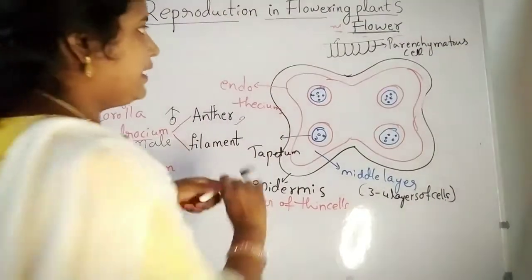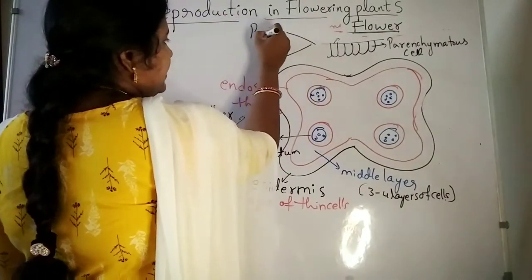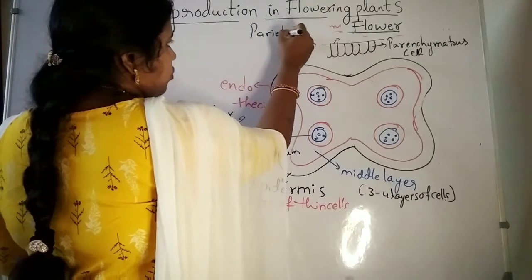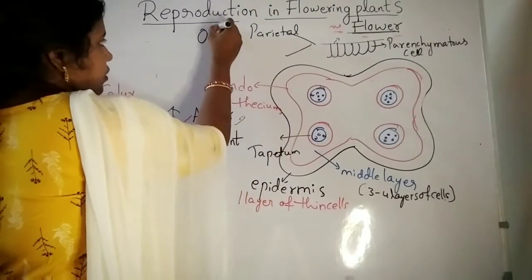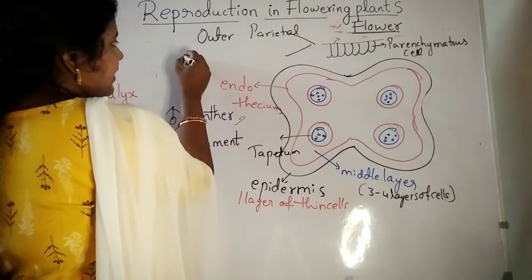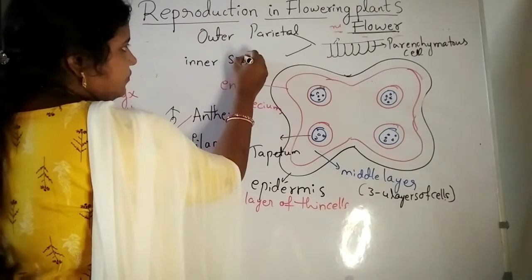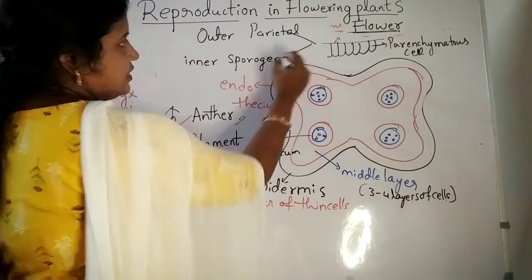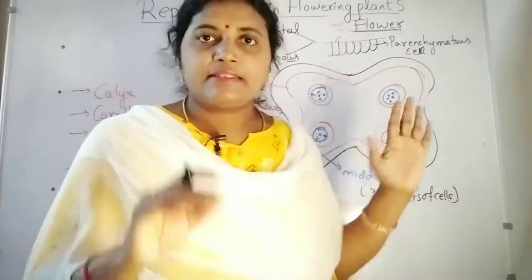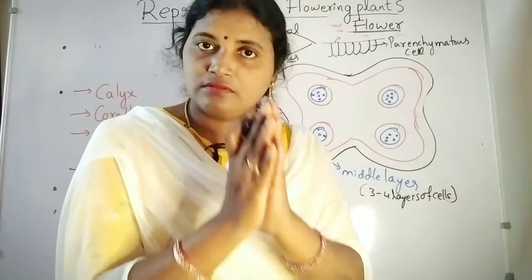See here, parenchymatous cells, outer parietal cells, and inner sporogenous cells. So inside the anther it contains the parenchymatous cells.